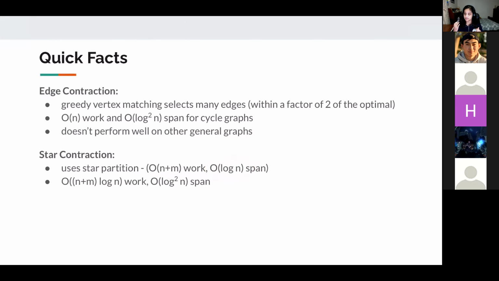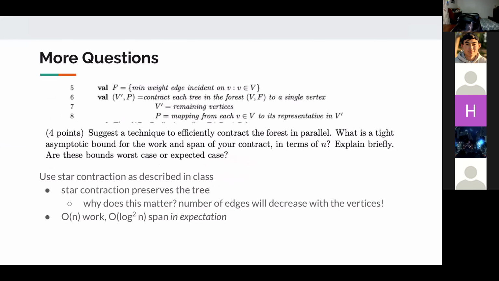And because we do it log n times, it ends up being log squared n span once you contract the entire graph. This question is asking us to contract the entire graph. So one round takes log n span, but in order to make it all into a single vertex for each tree, that would be log n times log n, which is why it's log squared n.